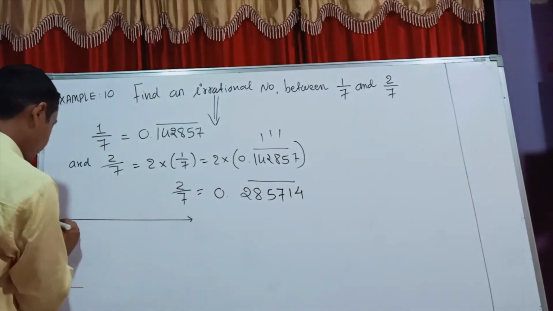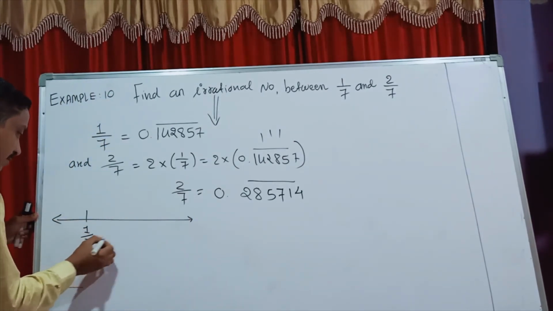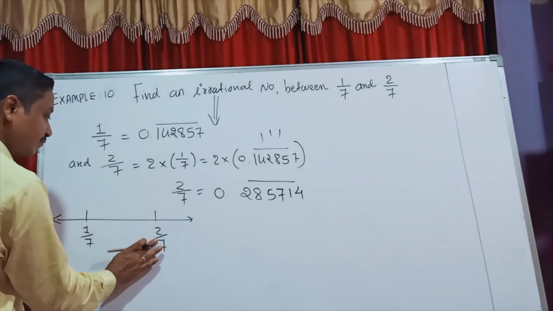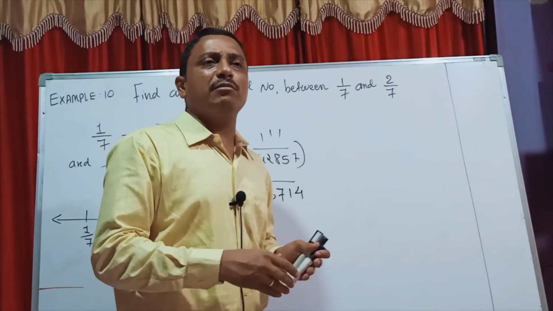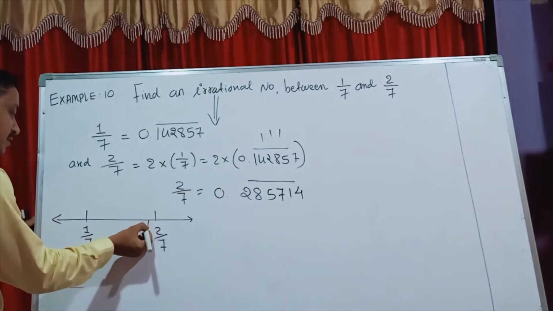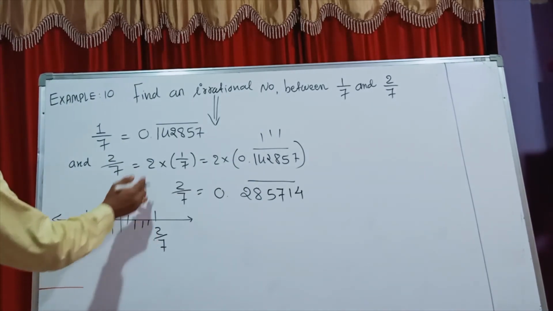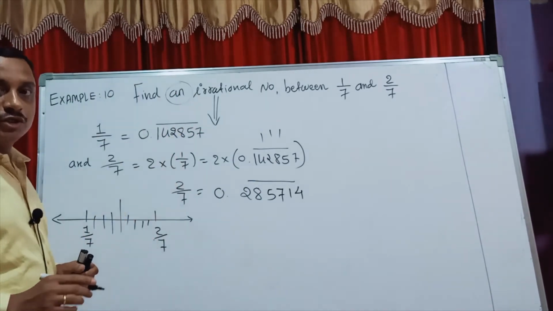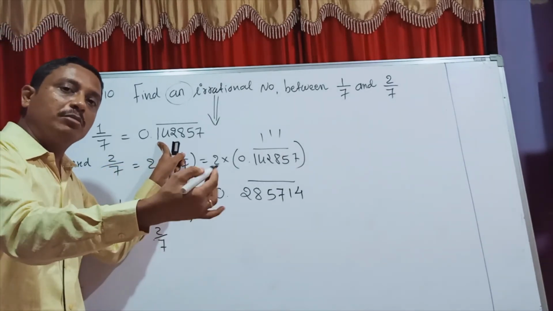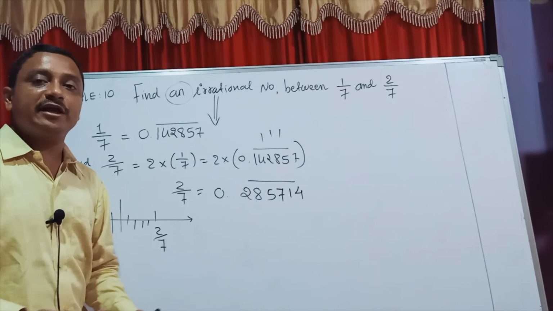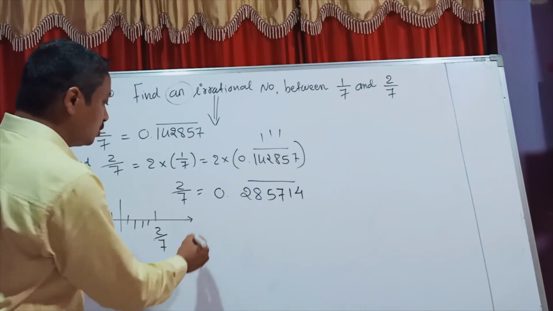Now students, this is your number line. That your 1 by 7, that's your 2 by 7. And between numbers are many numbers are available in this betweenness. I want to only one number. So this number necessary students, 0.14 to more number and 0.28 to less number.